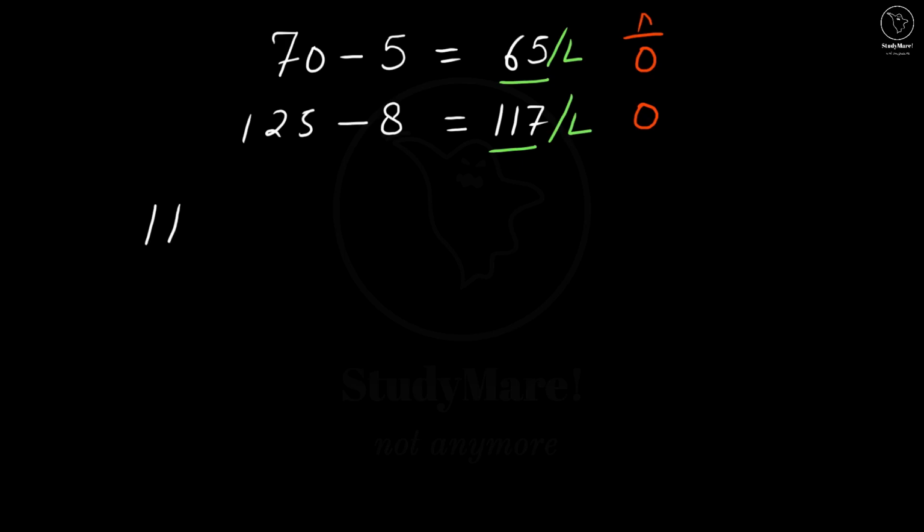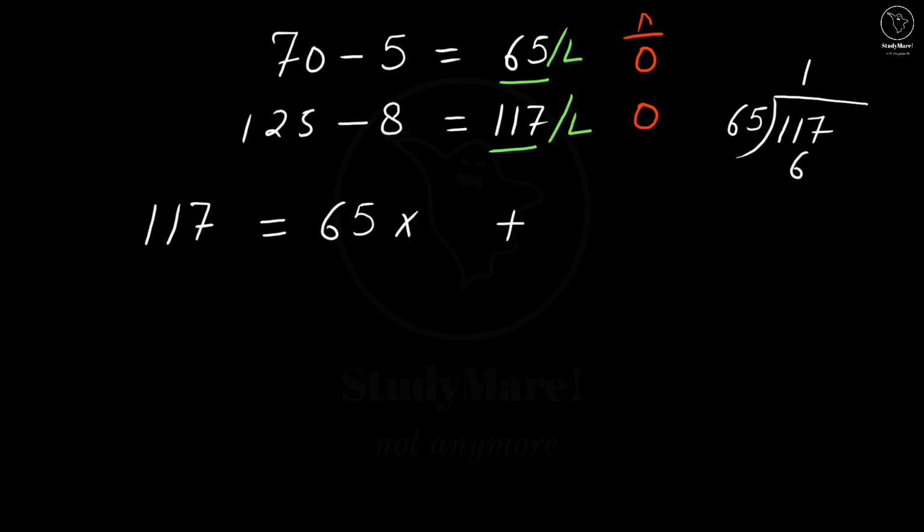We have 117 as the larger of the two, so we write it here: 117 is equal to the smaller one, 65, multiplied by what, plus remainder. So in order to find this, just divide 117 by 65, the larger by the smaller. So we get 65 ones are 65, 7 minus 5 is 2 and 11 minus 6 is 5, giving 52. So the quotient is 1 and the remainder is 52.